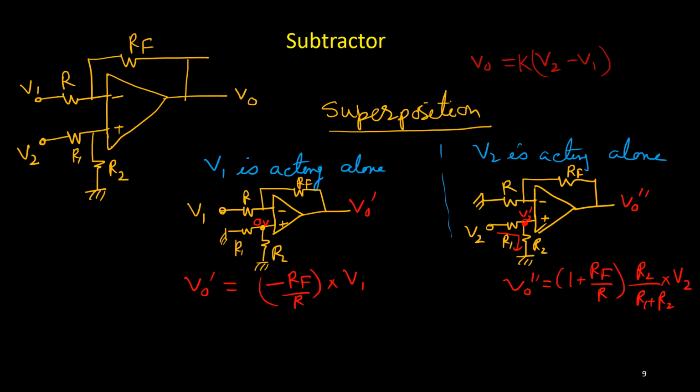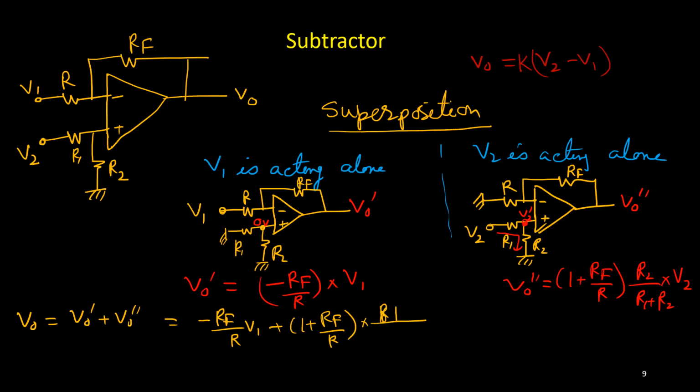So what is the total output, the exact output V0? We can write V0 as V0 prime plus V0 double prime. It is minus RF by R into V1, plus 1 plus RF by R, times R2 upon R1 plus R2. Now I can divide by R2.